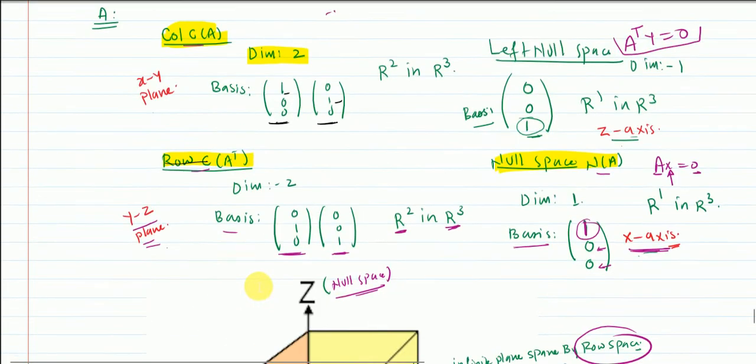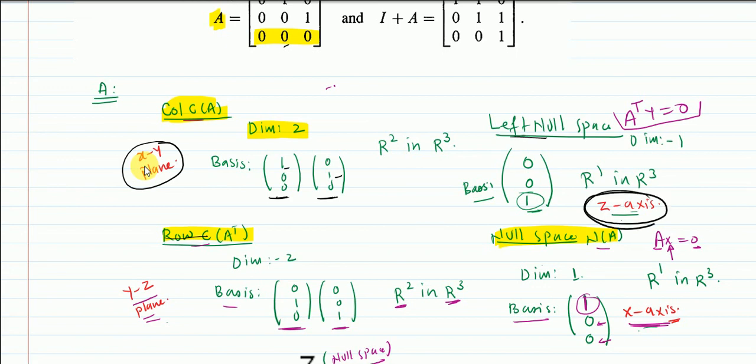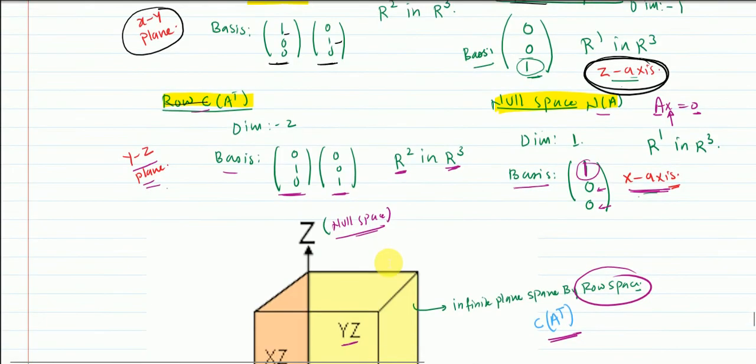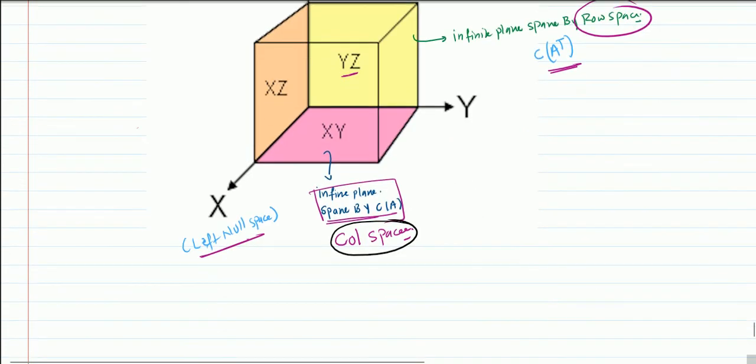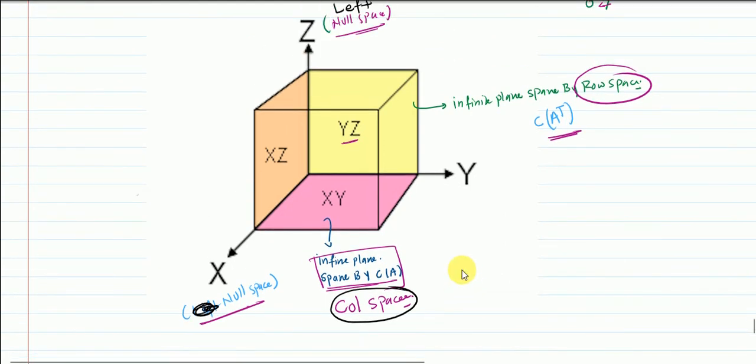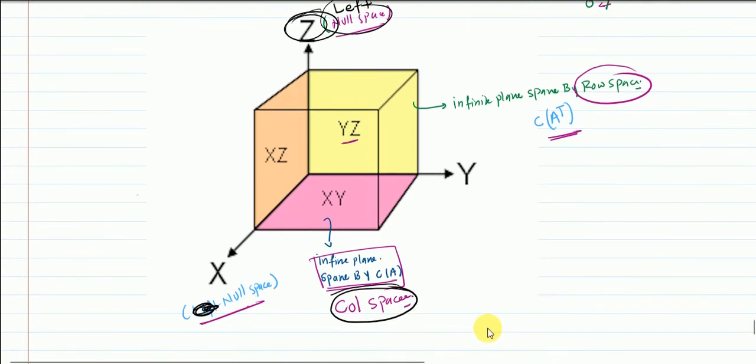The column space is the xy plane, and the left null space is the z-axis, and these two are orthogonal subspaces. The pink one is the column space, and the left null space, the z-axis, is perpendicular to it.